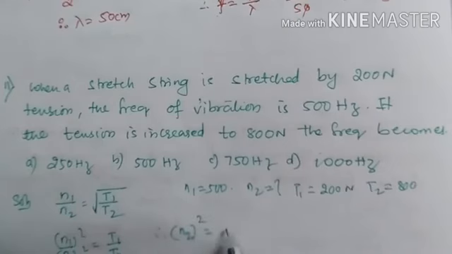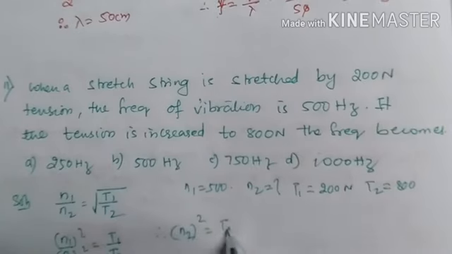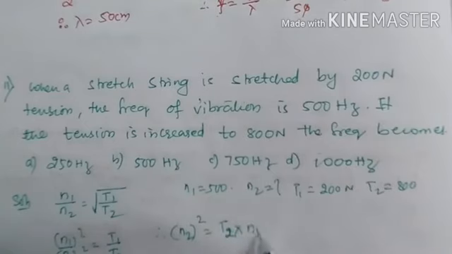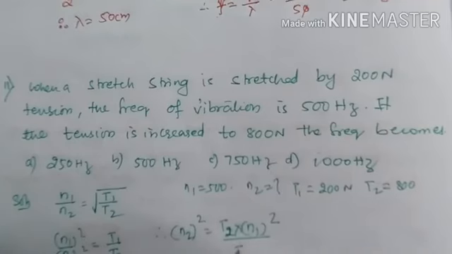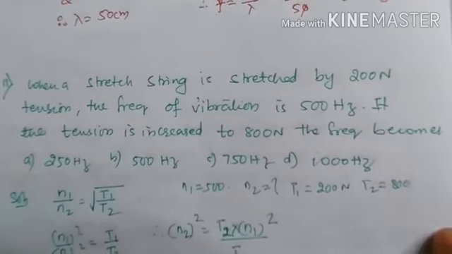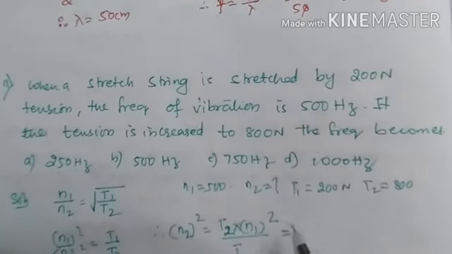So N2 square is equal to T2 into N1 square divided by T1. T2 is 800, into N1 is 500 square, divided by 200.